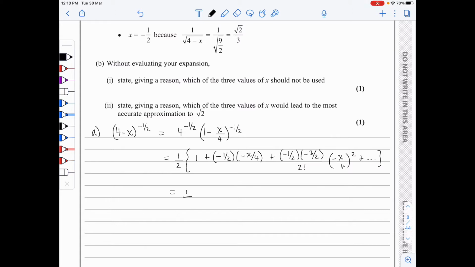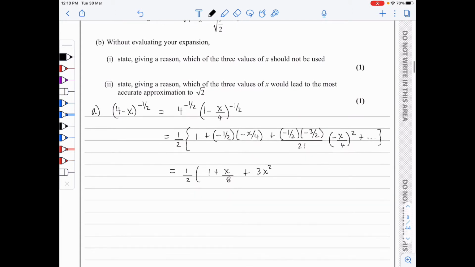This is a half, and I have 1 plus x over 8 plus 3x squared over 128 plus dot dot dot. We need to give the final answer in simplified terms, so this is simply a half plus x over 16 plus 3x squared over 256.